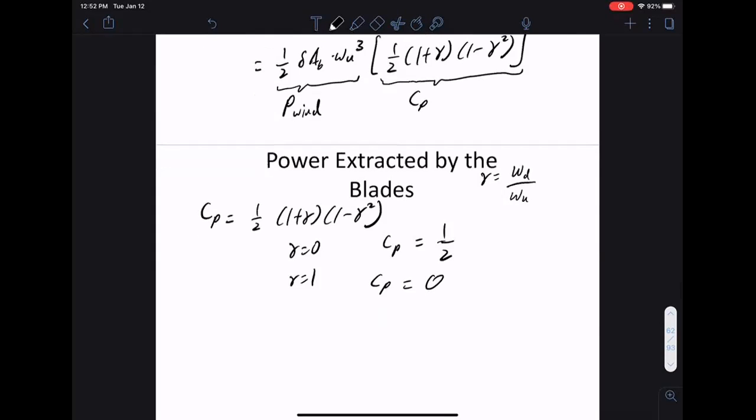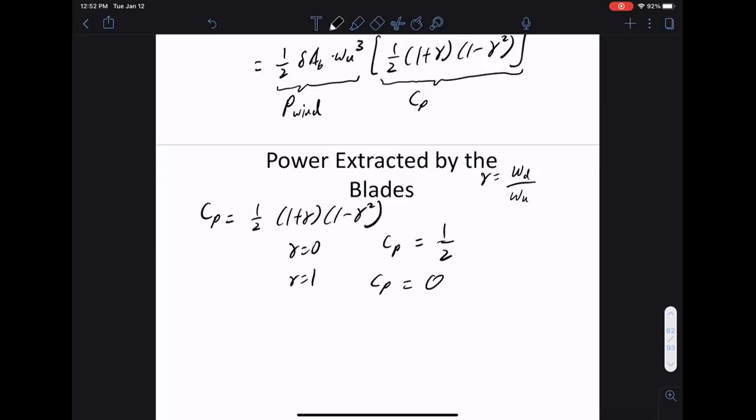These sanity checks tell us that our derivation is probably correct. At both extremes, the numbers make sense. And this is what you should do if you're doing back of the envelope calculations: after you get some equation, do a sanity check, plug in some numbers to see if it makes sense. Okay?